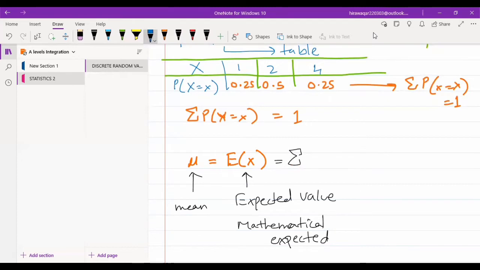So you are going to multiply the value of x with its corresponding probability, and you will get the answer after summing this up. So this is not probability, this is the mean, which can also be written like this.